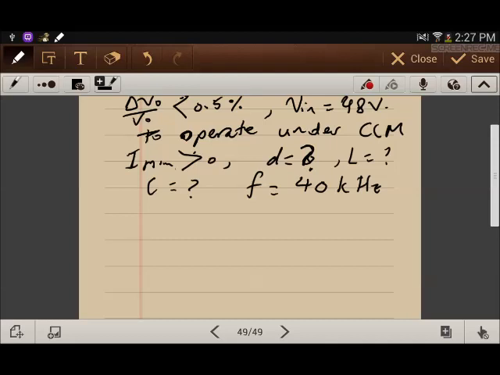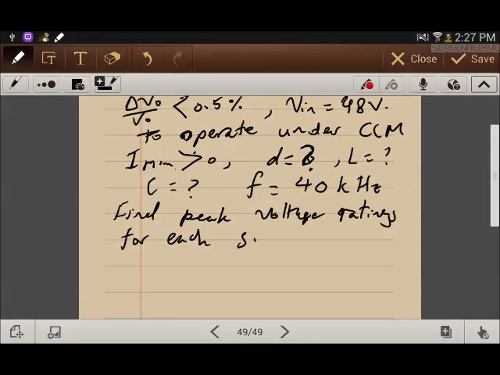So the question is, find also the peak voltage ratings for each switching device.